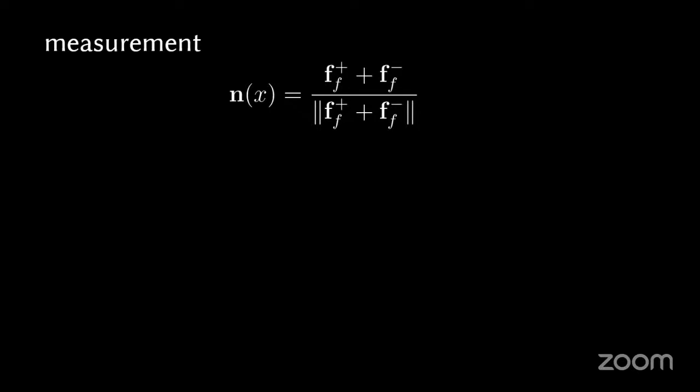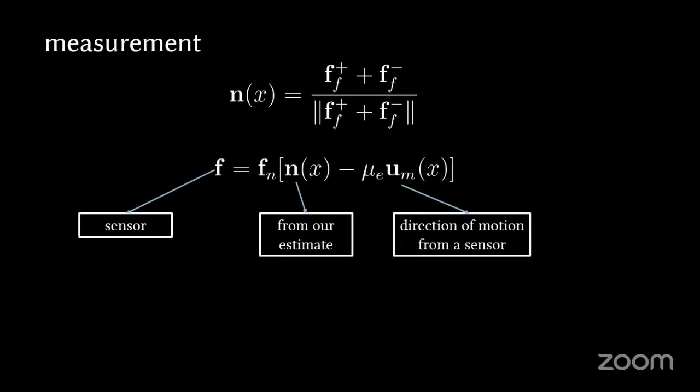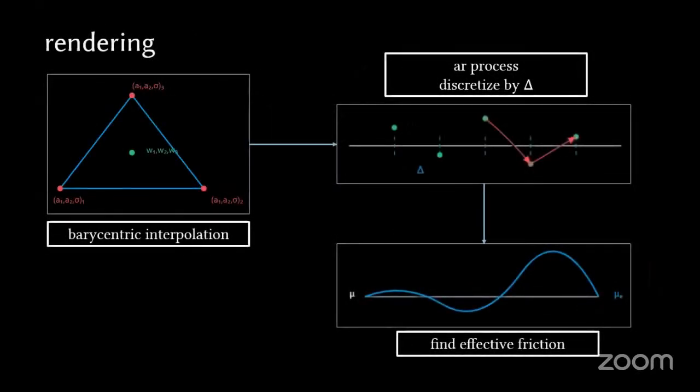Then you use them to say your surface normal is this, because you calculated the force this way and this way. They use this surface normal from the measurement, and then they actually get the friction. So you get the mu e term, the coefficient of friction, by solving for every point and the autoregressive process that we were talking about. So there are a few minor things over here.